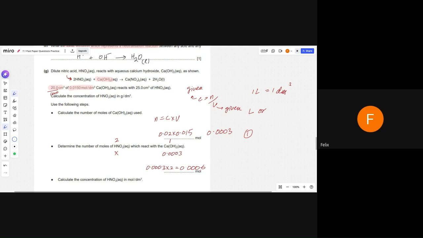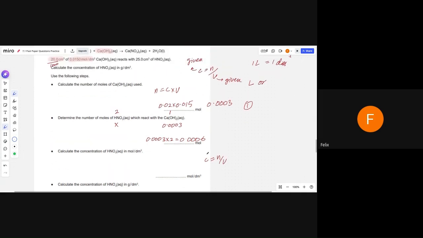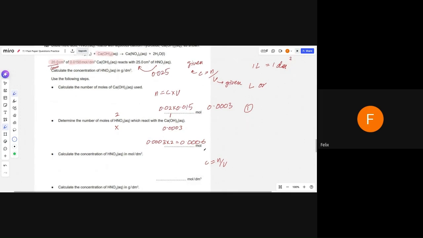Now we move on to the next part, and that is calculate the concentration of HNO3. Very simple. We use the formula C equals N over V. And don't forget to convert volume into dm cube. That's the volume of HNO3 given in the question. So 25 divided by 1,000, you get 0.025, and the moles that we have are 0.0006.